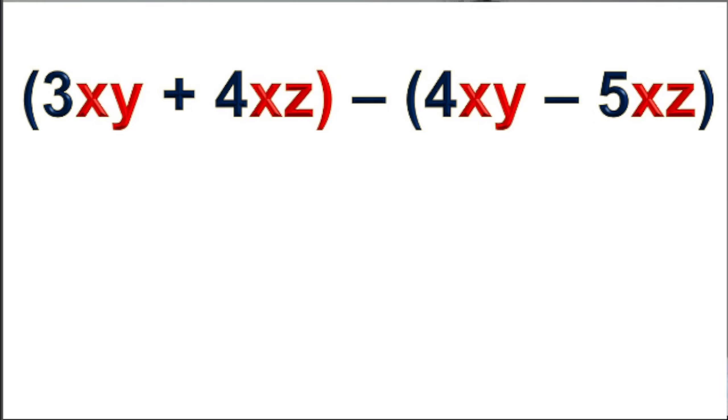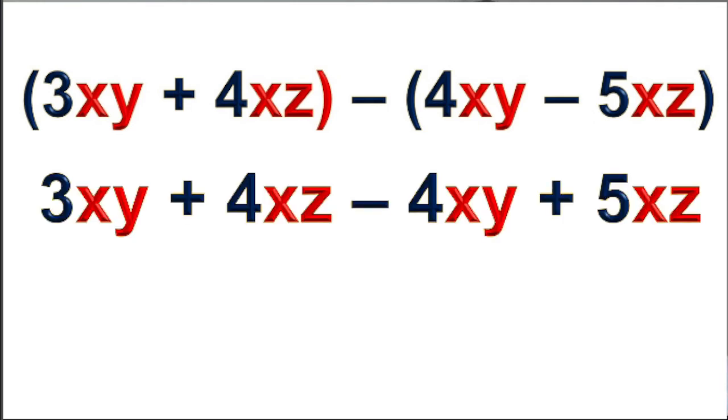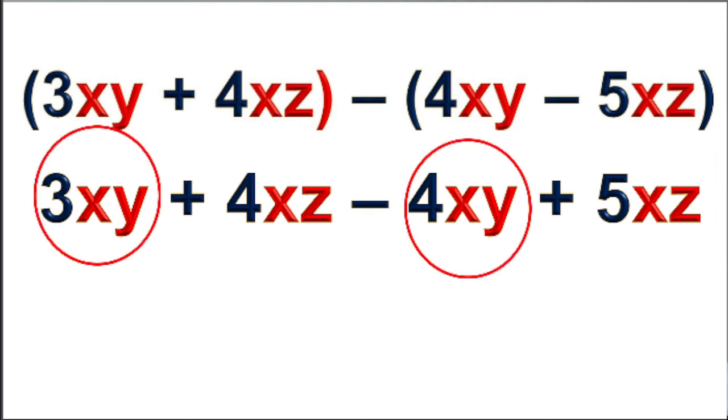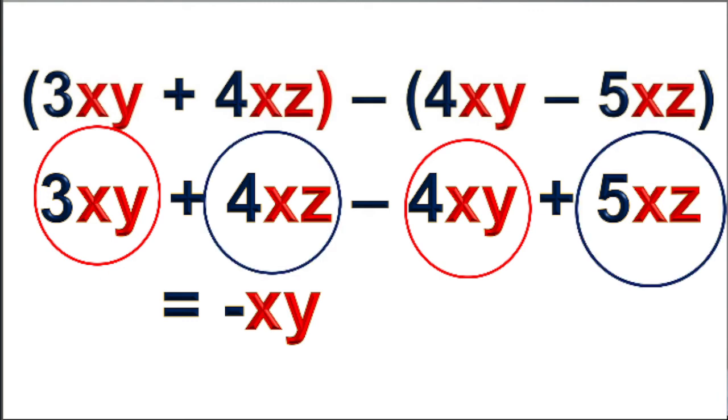So it becomes 3xy plus 4xa minus 4xy plus 5xa. Simplifying, 3xy minus 4xy is negative xy. And 4xa plus 5xa is 9xa. So the answer is negative xy plus 9xa.